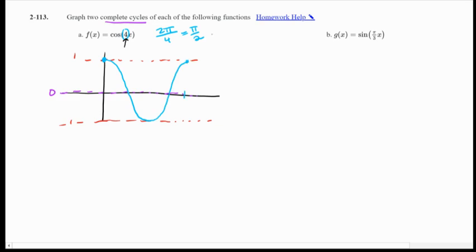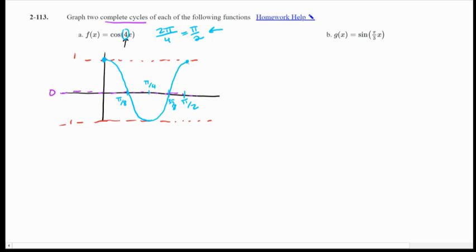And I know because of this b value that that period is pi over 2, which means the halfway point is half of that. And if we wanted to go halfway between that, we'd say pi over 8 and 3 pi over 8. So that's one cycle.